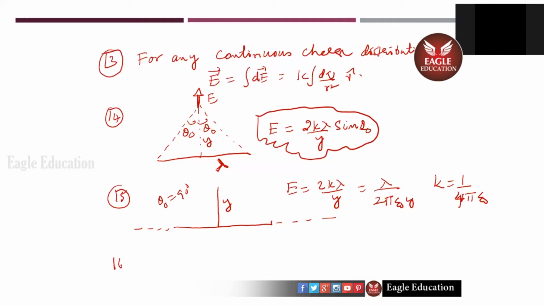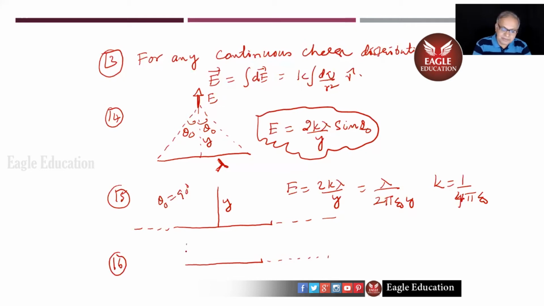Right. Next one. You can call it semi-finite. One side it is infinite here. If this is a positively charged thing, this has an x component and a y component, each becoming k lambda by y, if I remember correctly.